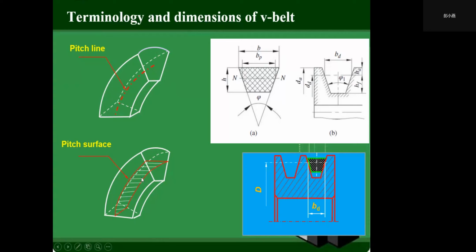When the belt bends around the sheaves, the surface above the pitch surface is subject to tensile stress, and below pitch surface is subject to compressive stress.